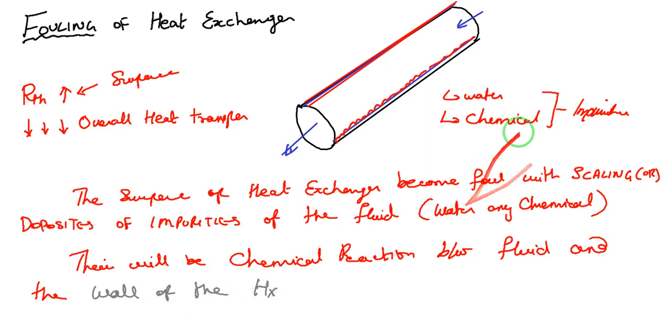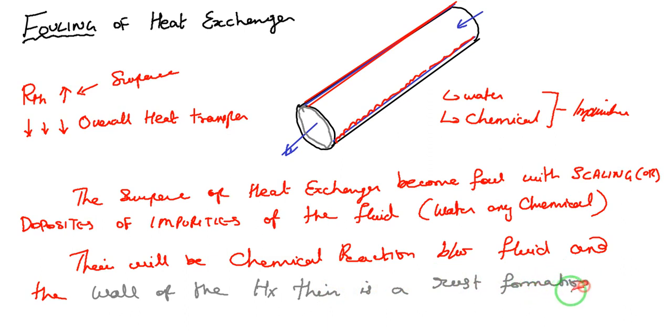In this case, what is the wall? The wall is nothing but the inner surface of the pipe. Because of the chemical reaction between the fluid and the wall surface, there is rust formation.